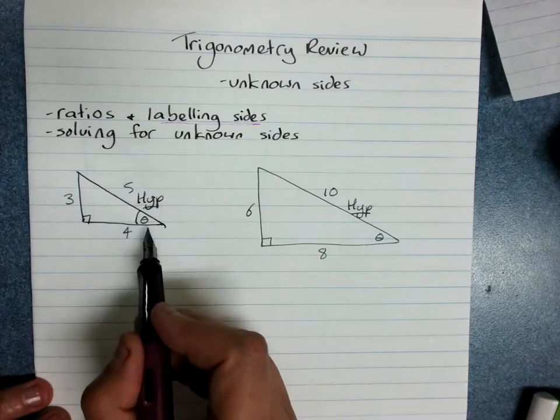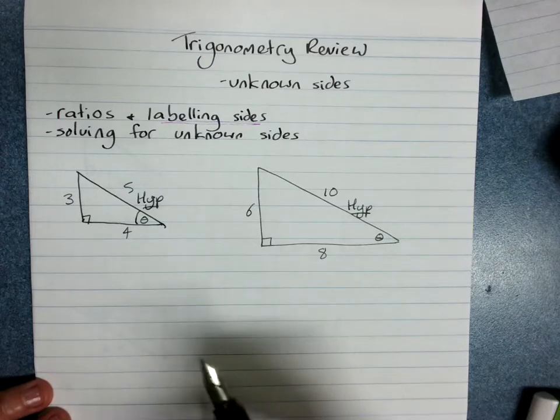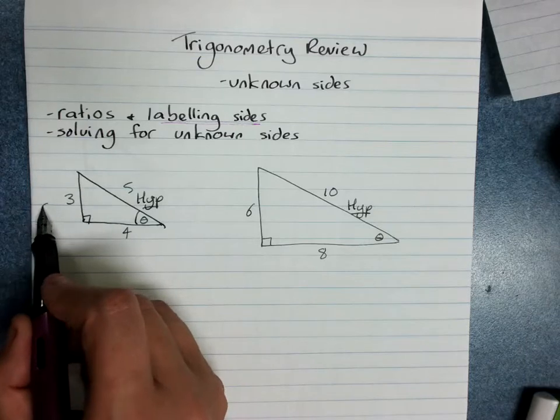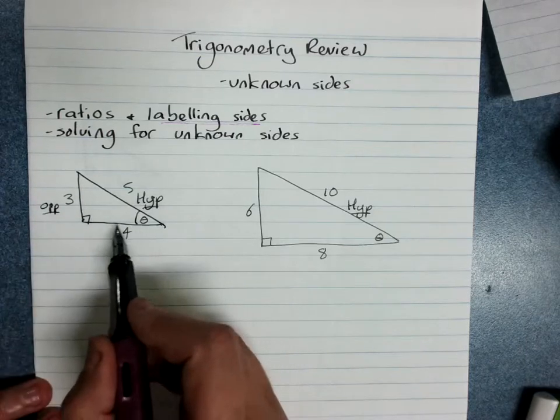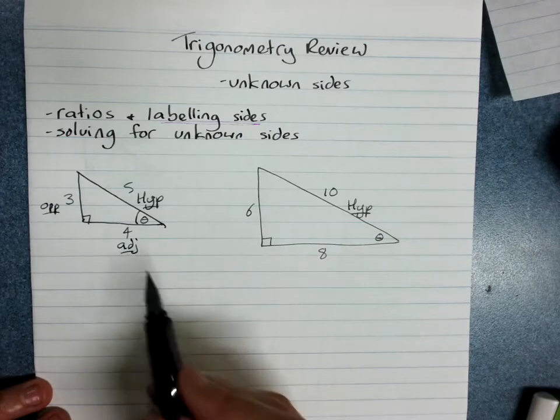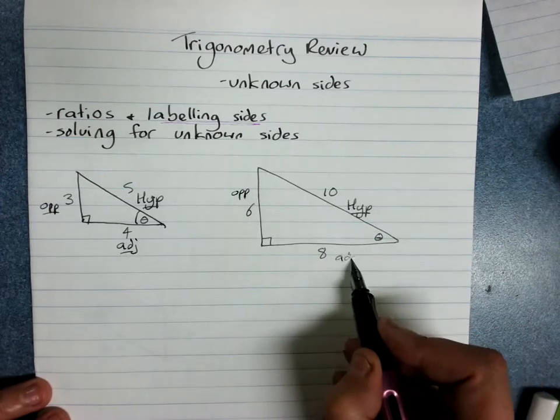Sometimes it will be just marked with theta, sometimes it will be marked with the value, the size of the angle. Opposite that angle is the opposite side, and next to that angle is the adjacent side. So this one's opposite, this one's adjacent.